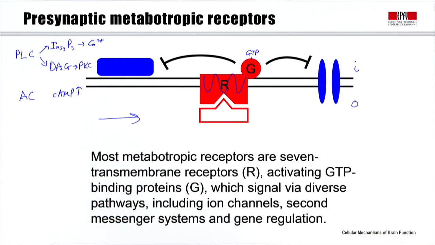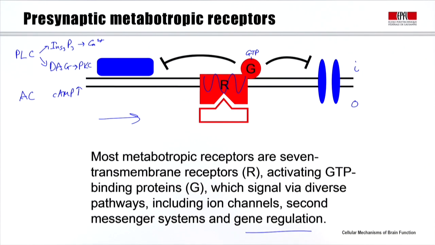And there are many, many other signaling pathways giving rise to different second messenger systems that affect both the structure of nerve cells and can also even affect the gene expression patterns of these cells. And so metabotropic receptors have very diverse functions inside neurons, and they can therefore be extremely useful.